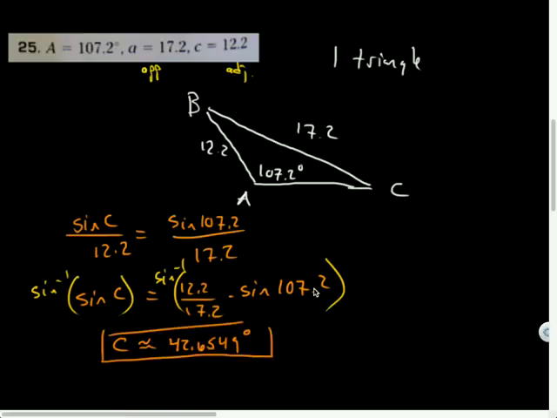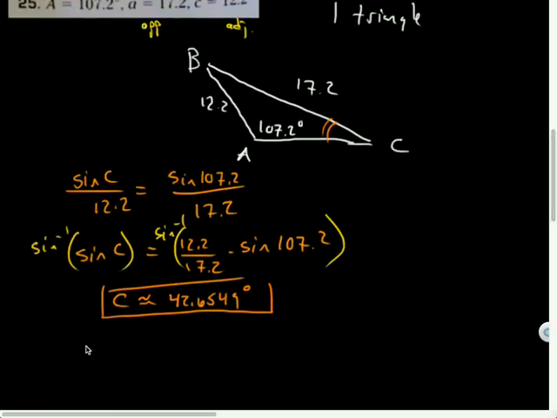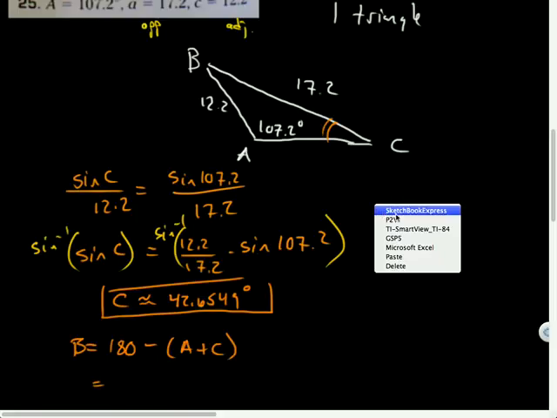What else can I get? Now I can find angle B. That's an easy one to find, right? B is going to equal 180 minus A plus C. So I can plug that into my calculator as well.